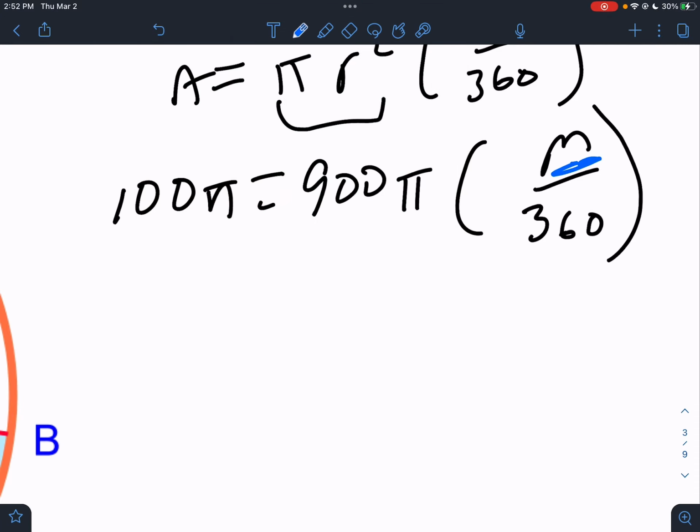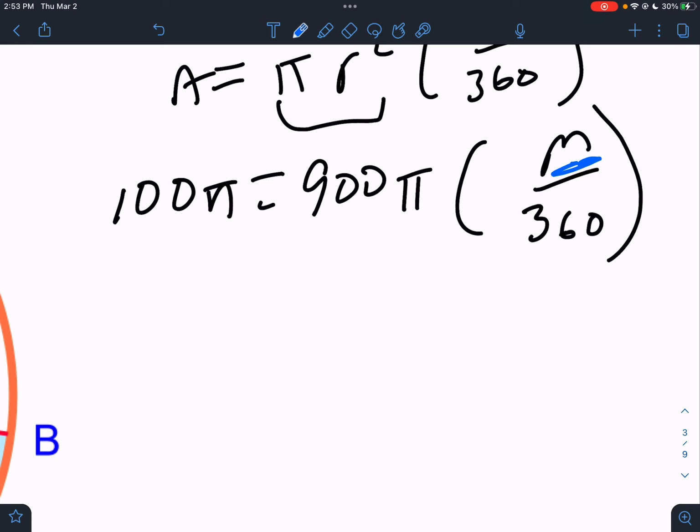So the only thing missing is the letter m. Think about this. Let's say you're the letter m. What are we doing to you? We're dividing by 360, multiplying by 900 pi. We need to undo that. So to undo it, we do the opposite operation in the opposite order.